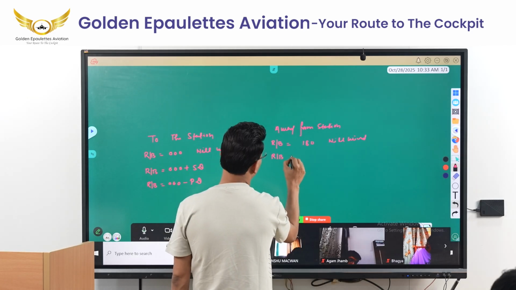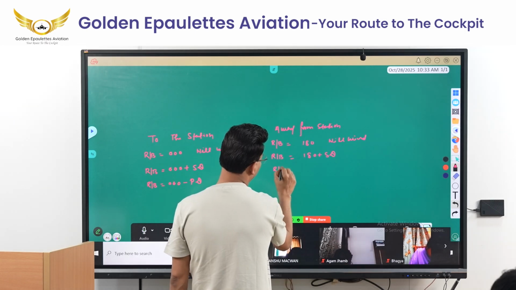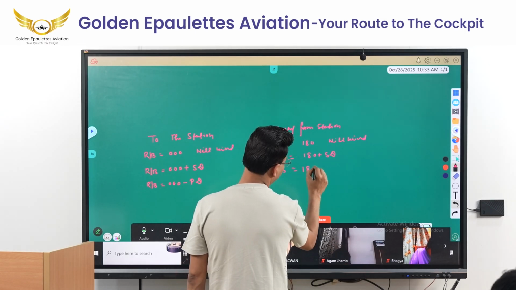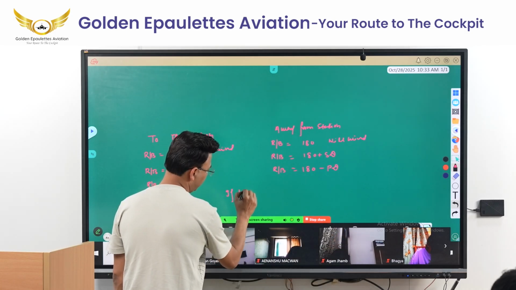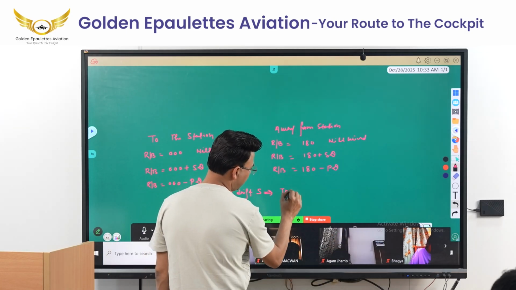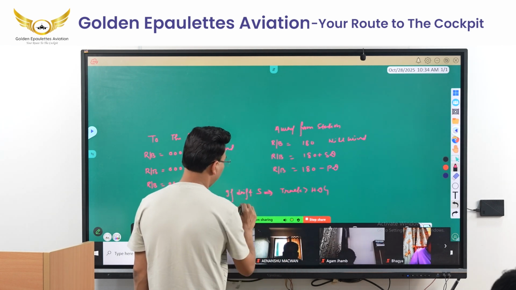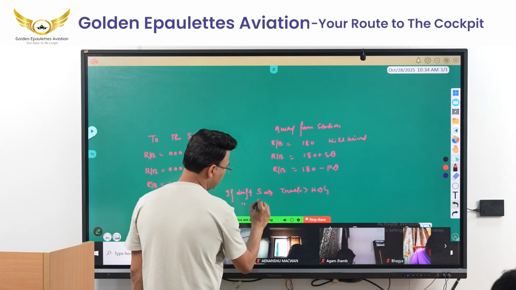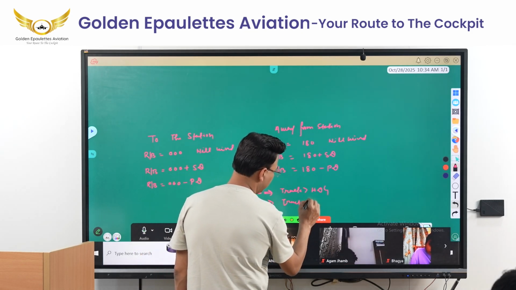Relative bearing is equal to 180 plus starboard drift. Relative bearing is equal to 180 minus port drift. If drift is starboard, then track would be greater than heading. If drift is port, track will be less than heading.